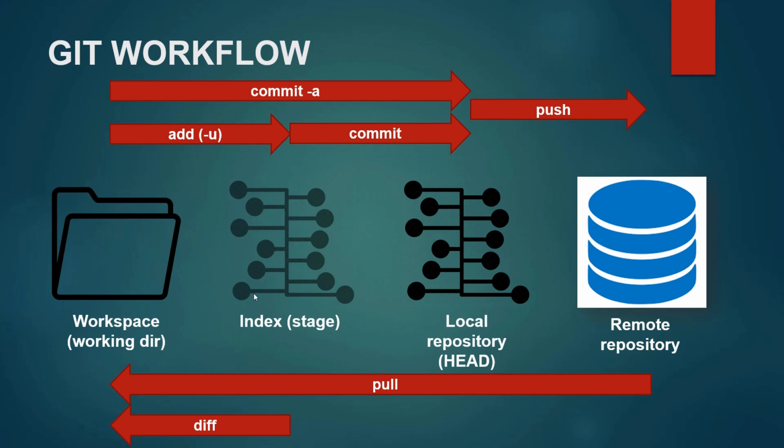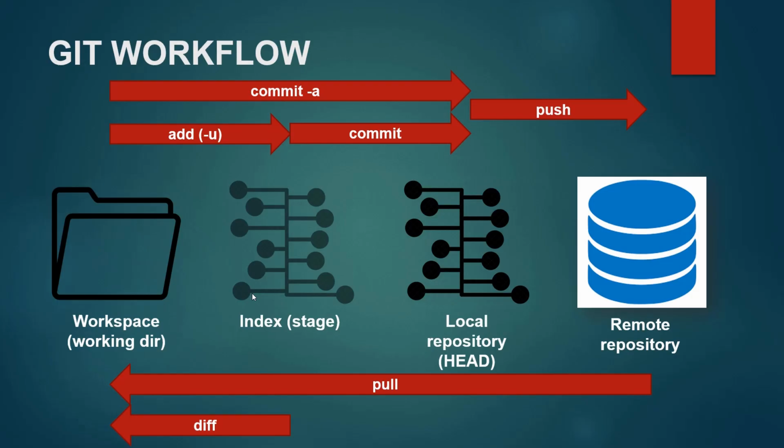I can fetch the files from the remote repository, run a git diff command and check what the differences are, and based on the differences, decide whether I want to merge a remote repository with a workspace or not.